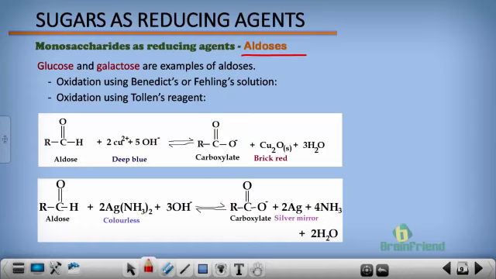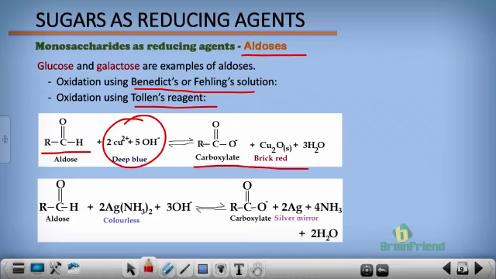We'll be looking at their reaction with Benedict's or Fehling's solution and their reaction with Tollens' reagent. Now, when aldoses react with these reagents, which can be Benedict's or Fehling's solution, which are usually solutions of copper sulfate, okay? Either of them, whether Benedict's or Fehling's solution, would give this same reaction, all right?